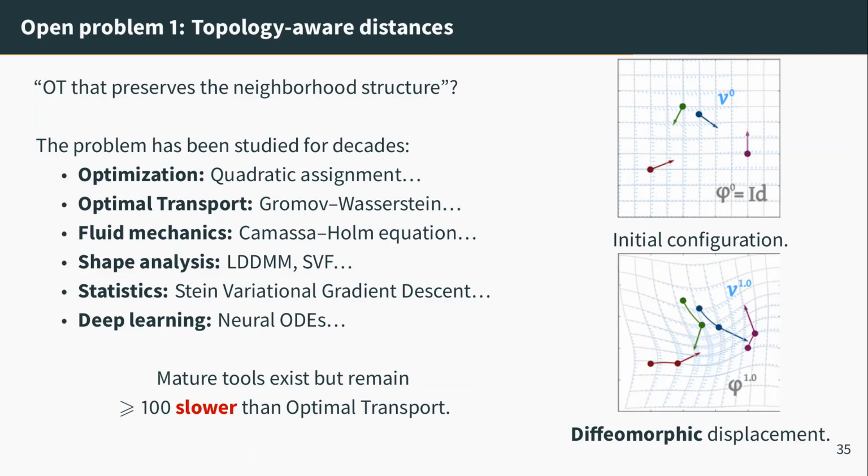Personally, in shape analysis, it has been a massive topic for the last 25 years. And some of the metrics that people have defined, like LDDMM, SVF, that are basically explained by Alain Trouvé, in the second semester, actually work.